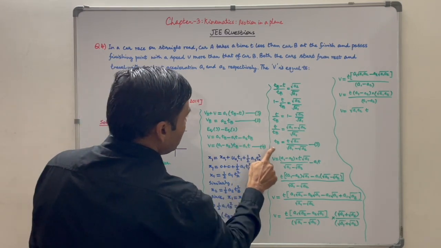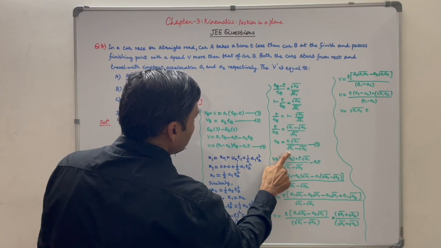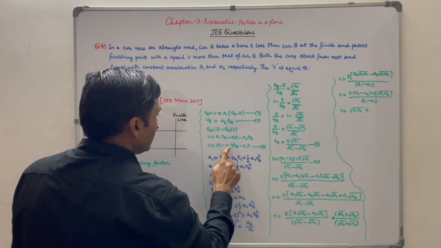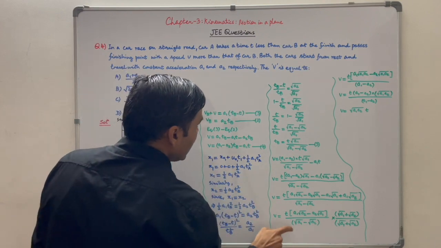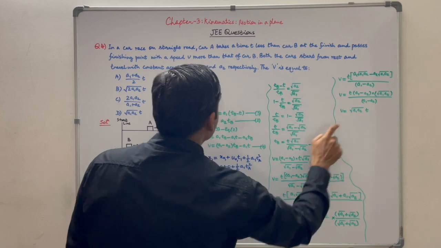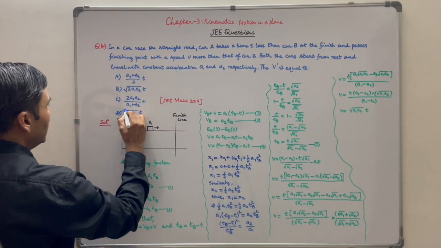So we get the value of tb as t root a1 upon (root a1 minus root a2). Put this value of tb here. So we get v as root a1 a2 into t. So the correct option is option D.